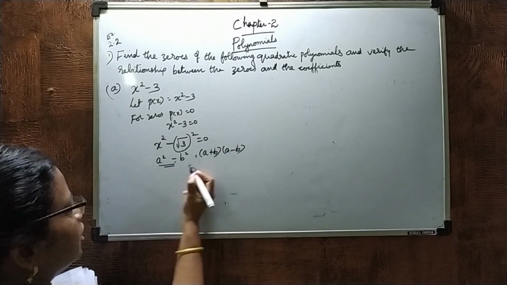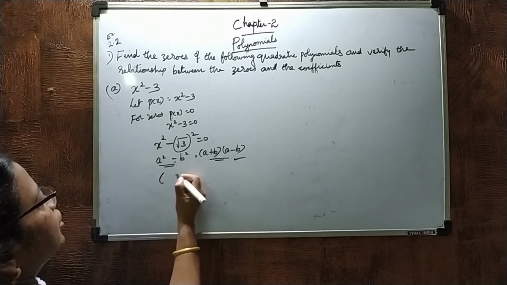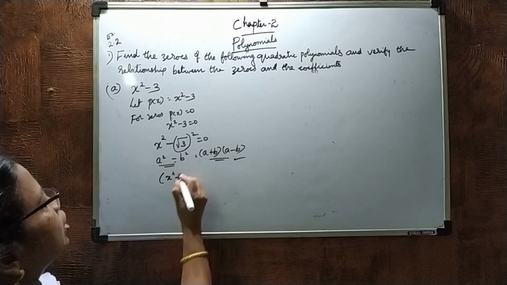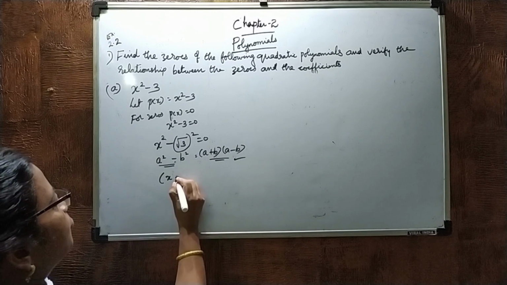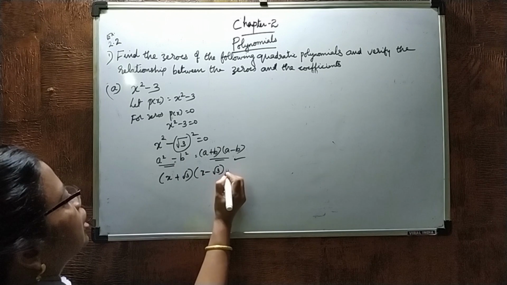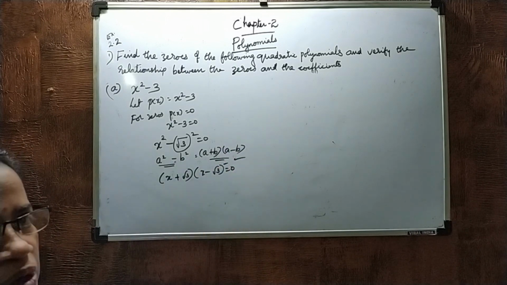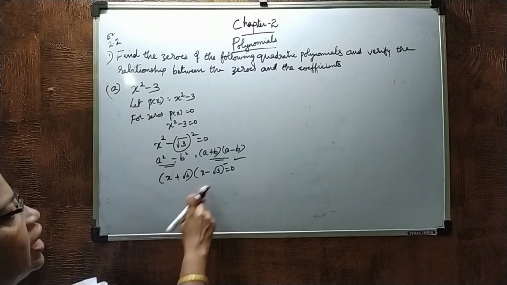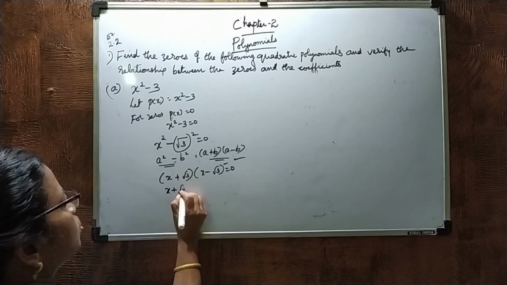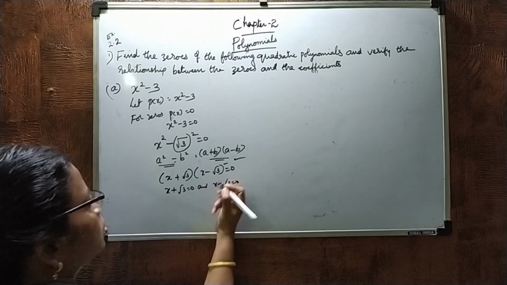So x square minus root 3 the whole square can be written as x plus root 3 into x minus root 3 equal to 0. Now take each one: x plus root 3 equal to 0 and x minus root 3 equal to 0.